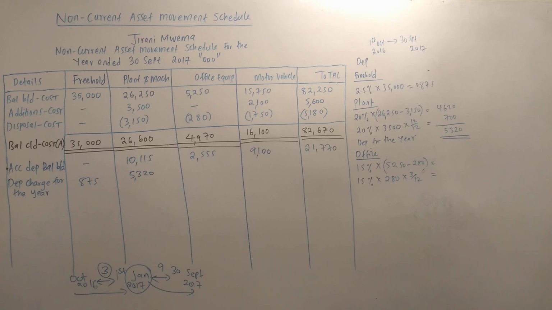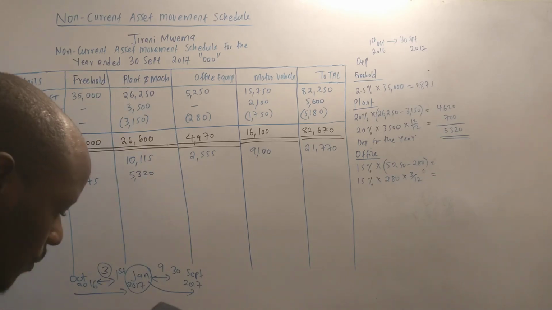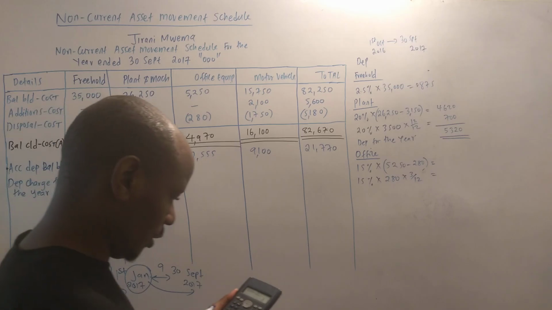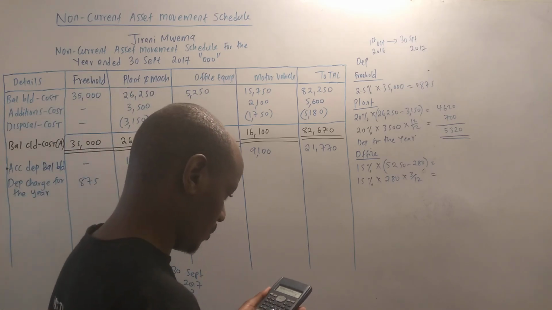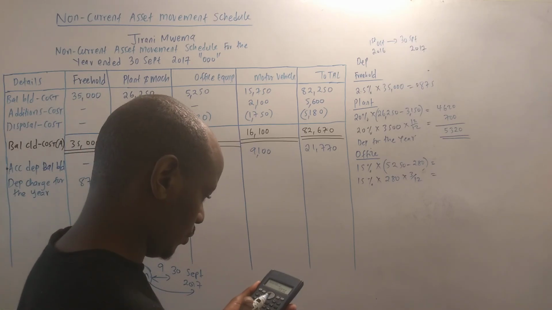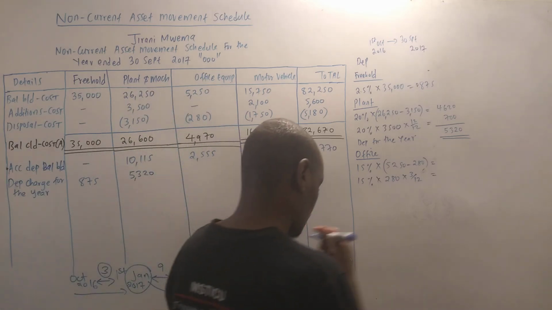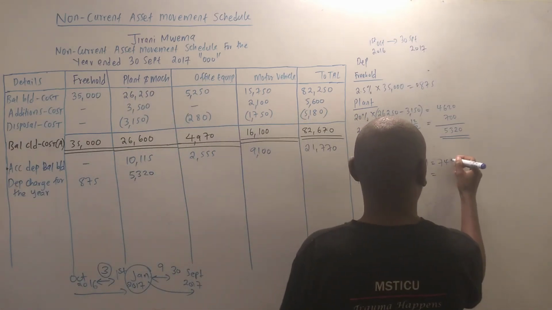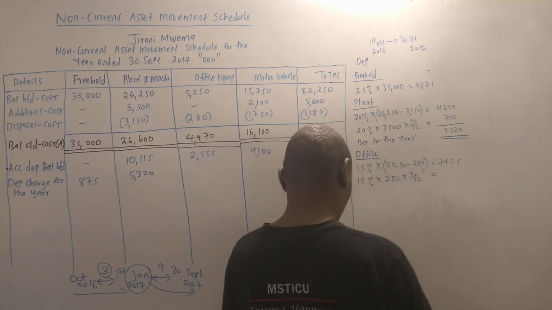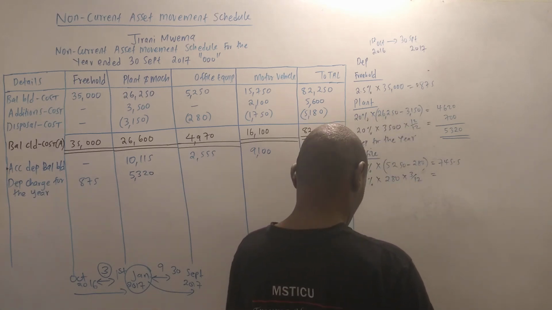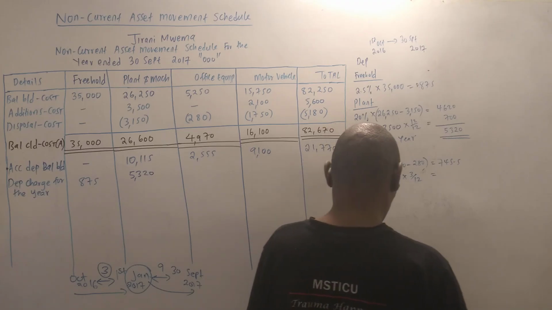We remove it from our cost, but we also consider the depreciation for the 3 months. Let us see. So it will be 5250 minus 280 times 0.15. That is 745.5. Then 0.15 times 280 times 3 over 12. That is 10.5.